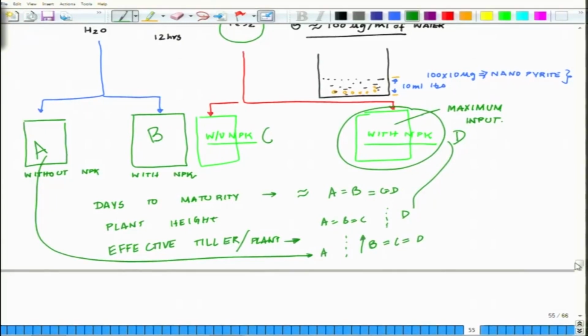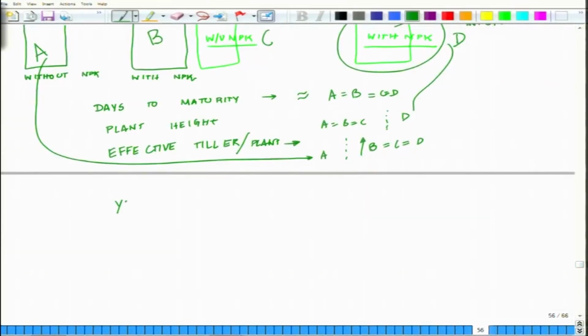And in terms of yield in kilogram per hectare, in the control, situation A, it was 1.32, whereas in the case of standard fertilizer application, group B, it was 1.61.